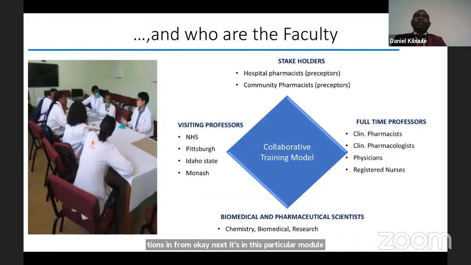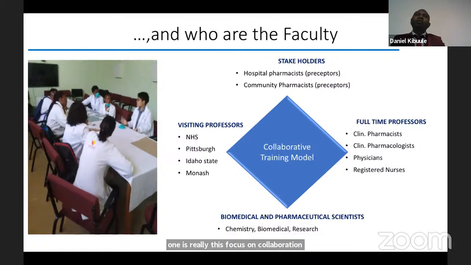Now you may be asking, who are the faculty? So we have a multinational faculty from the region here, Zambia, South Africa, and also across Germany, Belgium, and a number of countries. And really, what has worked for us in our curriculum and in the new one is really this focus on collaboration.